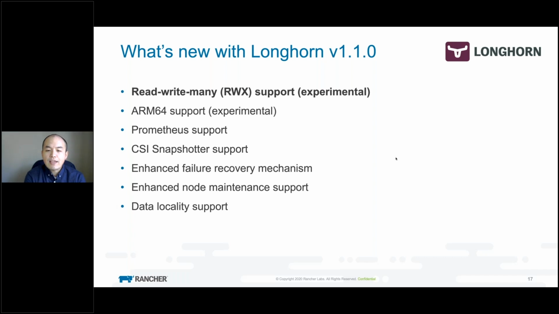So we have also enhanced the failure recovery mechanism, and now Longhorn supports very fast failure recovery for both stateful workloads, stateful set, and deployment. But I just want to mention that soon after we released 1.1, we found one bug in the Kubernetes 1.19 and 1.20 releases, where the Kubernetes upstream made a mistake and accidentally removed one key piece that helps the failure recovery.